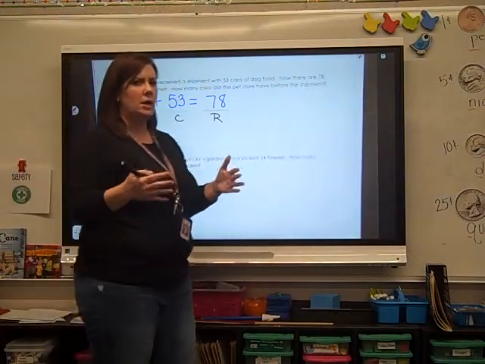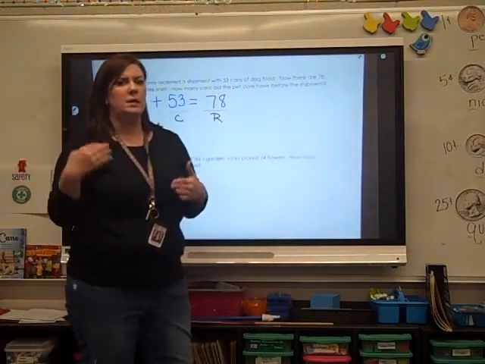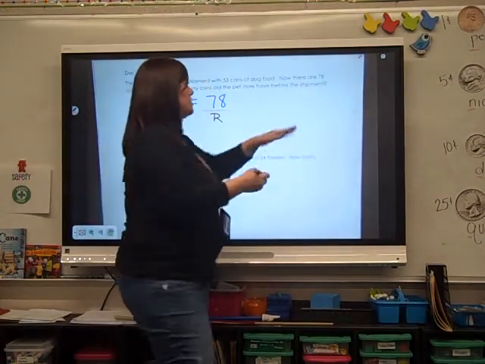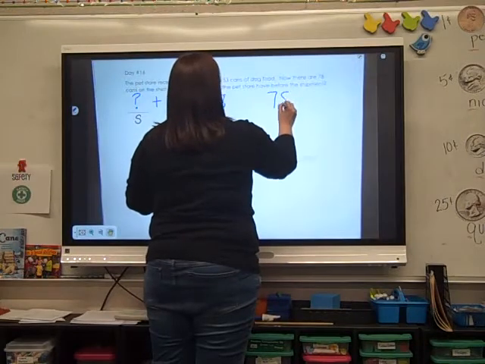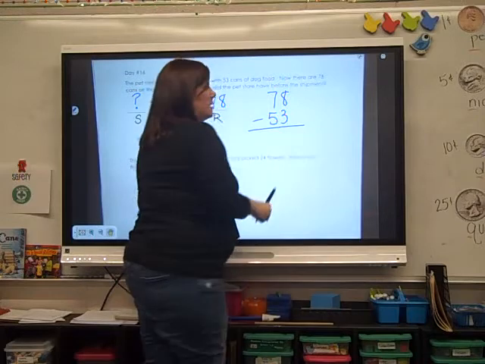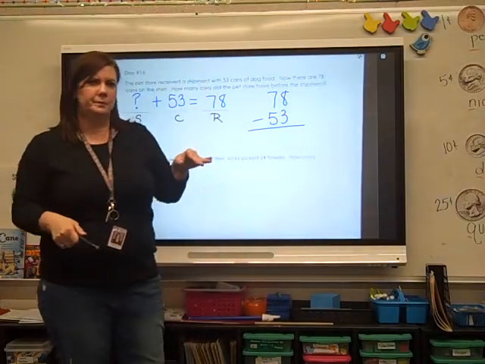So here in second grade, when we write a subtraction problem, what number goes on top? The big number. So come over to the side. 78, subtract 53. All right, if you need it, use your number line and solve.